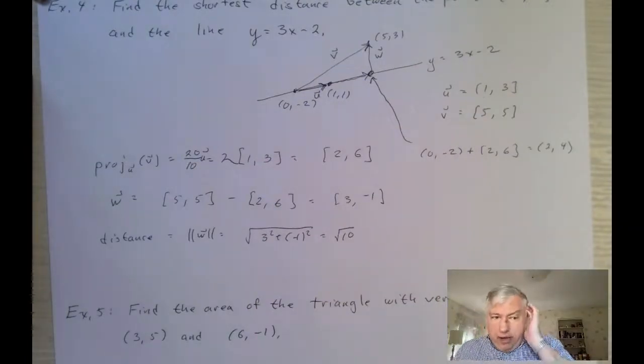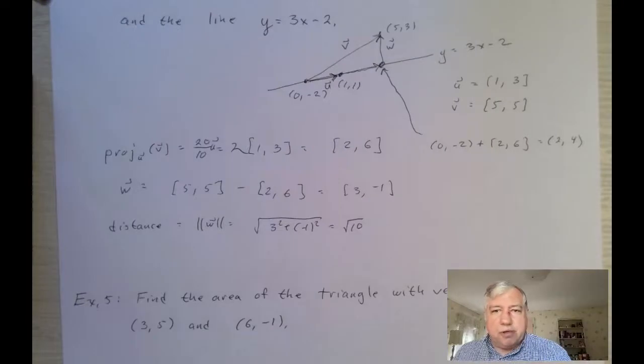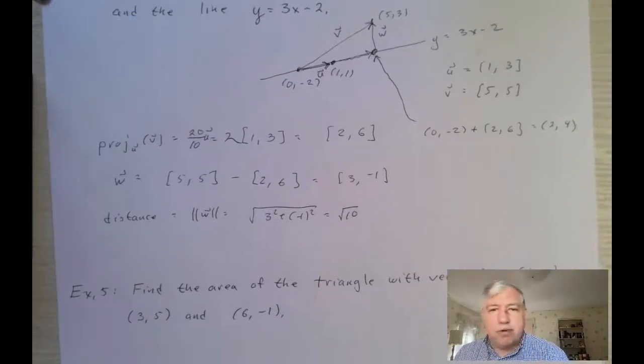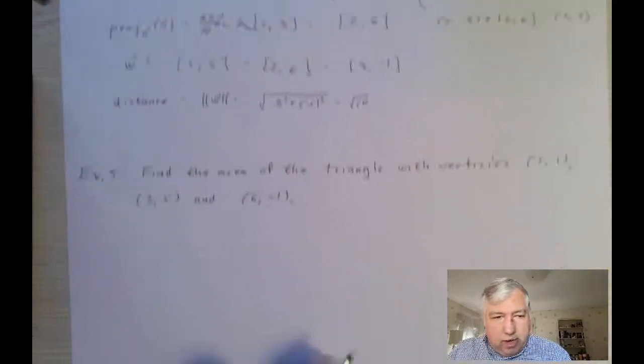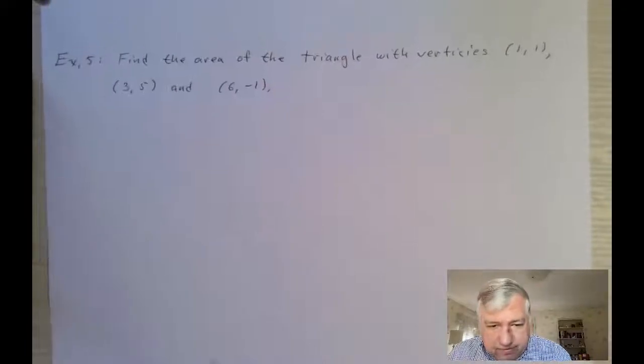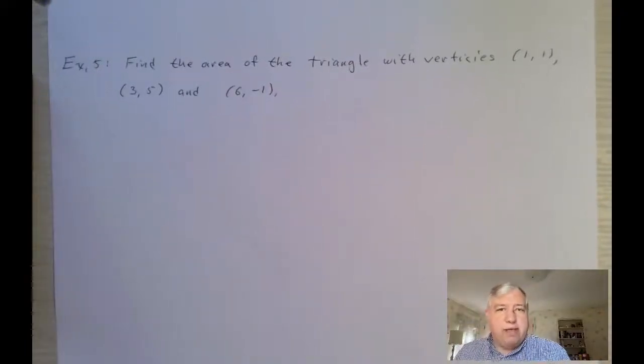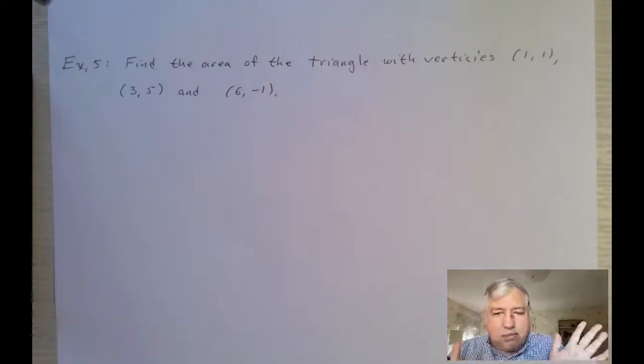All right. Again, you may have seen this before. There are some nice formulas in calculus books that give this to you, but this is where this comes from. Okay. One last example here is finding the area of a triangle with given vertices. We can do this again by writing this problem in terms of vectors.